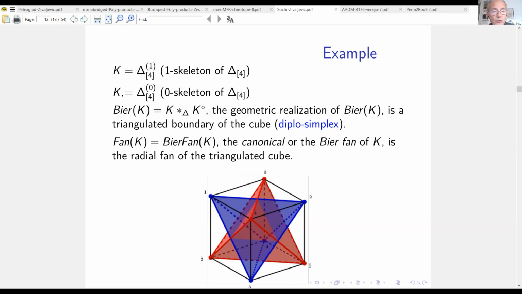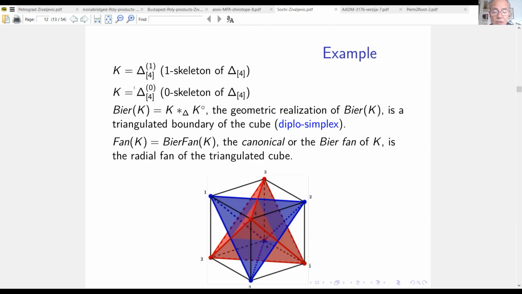So this is the complete one skeleton, and this is the simplicial complex K. Its Alexander dual is the zero skeleton of this tetrahedron, and we realize it in the dual tetrahedron, which is the blue one. And then if you draw all the simplices, you can see that the Bier sphere in this case is just a triangulation of the boundary of this cube.